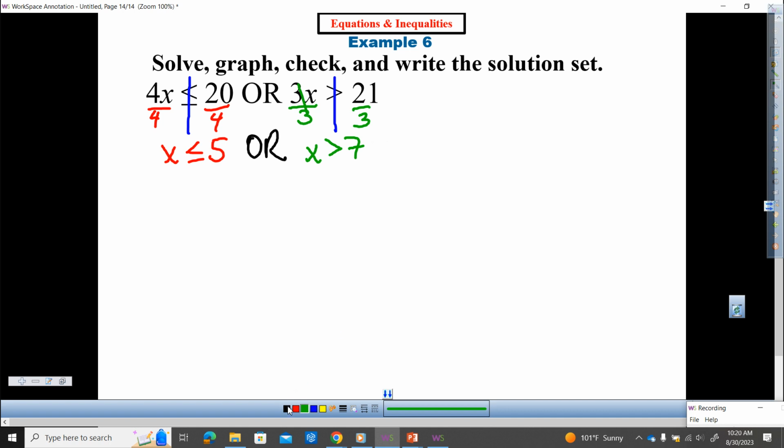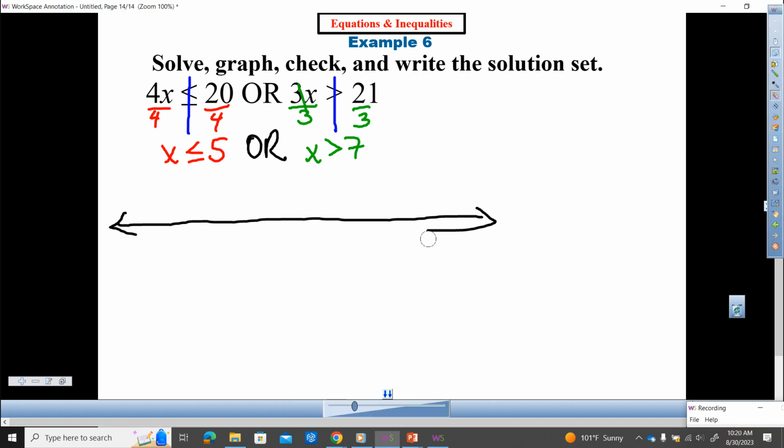All right, let's go to our graph. Here's my 0. I'm going to start with the red one. What's my dividing point? 5. Open or closed? Closed, because it's got an equal sign. And I'm going to test 0 here instead of x.